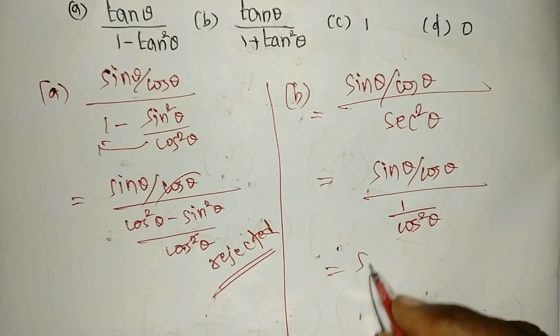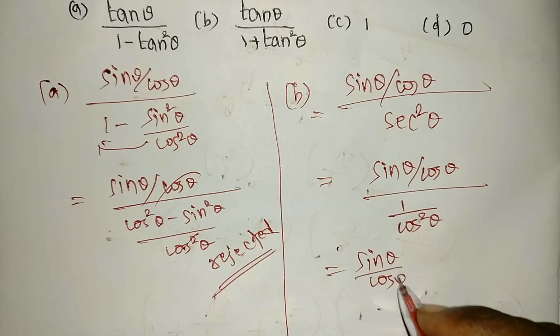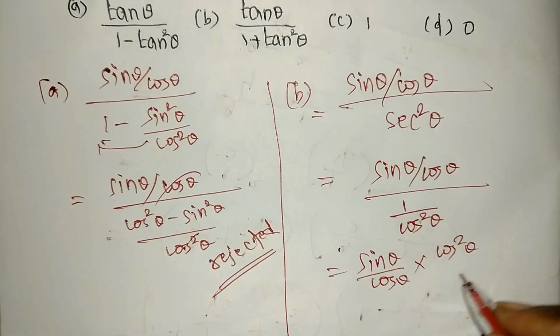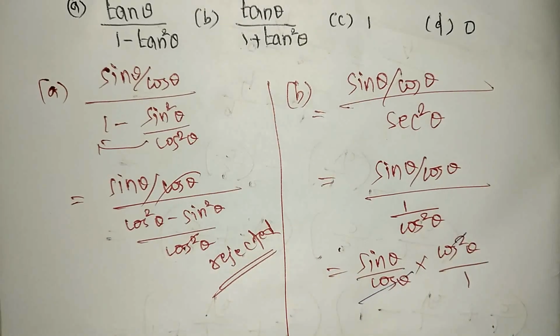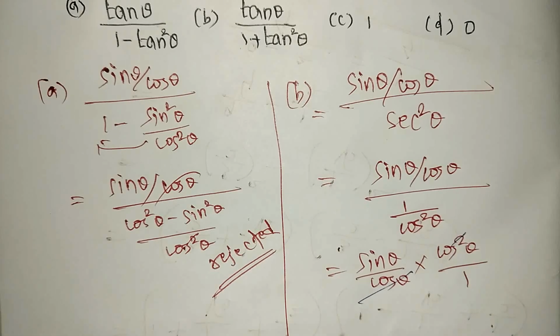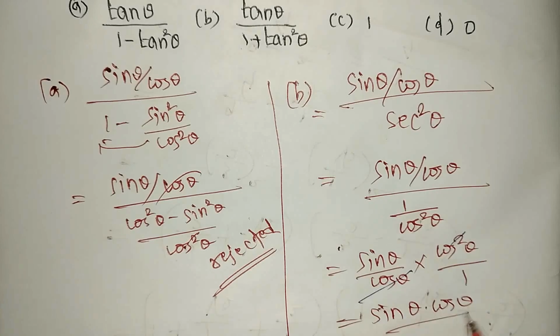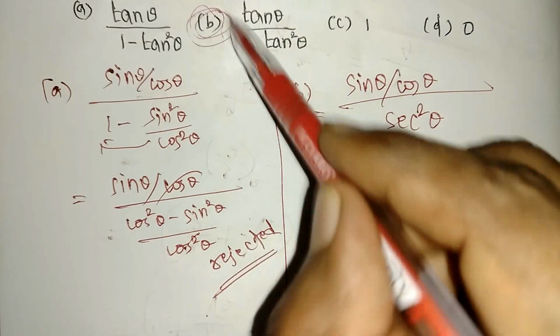Now see, we have here sin theta divided by cos theta. If we bring this into the numerator, it will be reciprocal. So cos square theta divided by 1. Now see this, we can cancel 1 cos with 1 cos. Now what am I getting? Sin into cos. Yes, we got it. Sin into cos. See, this is required. We got it. So option B is our required answer.